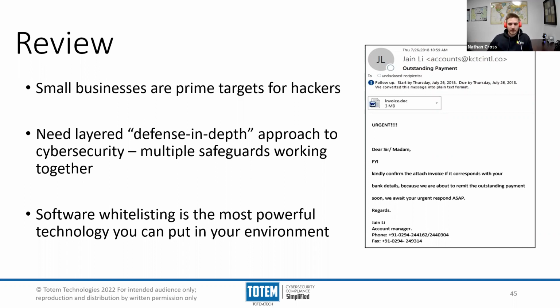But last week we talked about software whitelisting. This is our first technology of the series. We've spent most of our time talking about more policy or user training related ideas, but last week we kicked off with our very first technology. As you may recall, software whitelisting is without a doubt the single most powerful technology that you can put into your environment, because it allows you the capability of controlling exactly what software you want to run inside your environment.